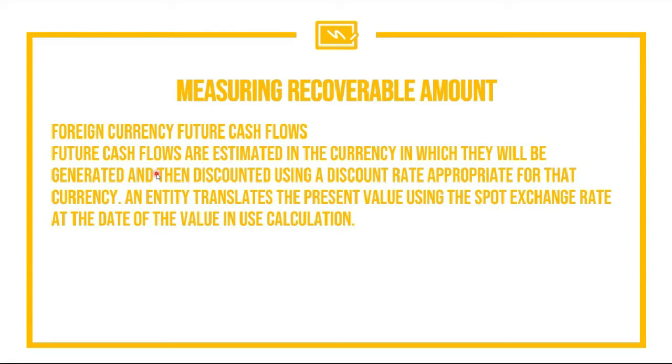So example, you are preparing the value in use calculation today, then the spot rate for the exchange rate, let's say, for example, the cash flows are in dollars and you're going to translate that to pesos, then you get the exchange rate for dollar versus peso based on the spot rate today, and then translate it to pesos, and then that will be the basis of your value in use, which will be compared to the fair value less cost to sell, which will eventually be compared to the carrying amount to determine the impairment loss.